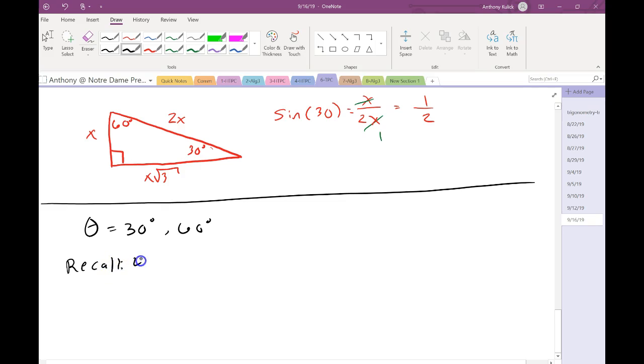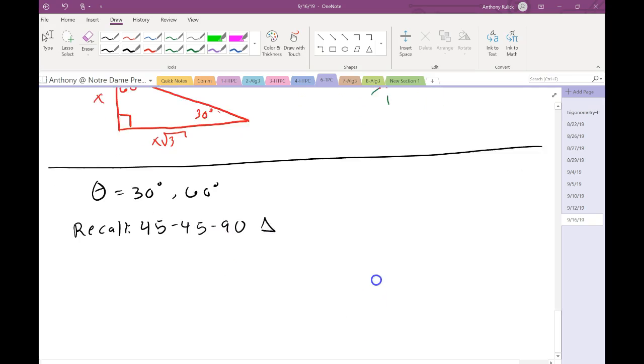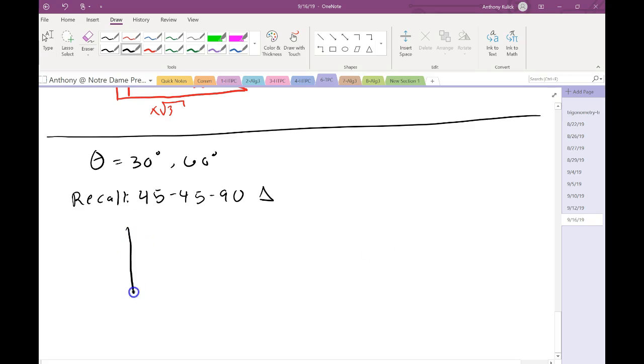There was the 45, 45, 90 triangle. And again, the side lengths of the 45, 45, 90 triangle exist in special ratios.